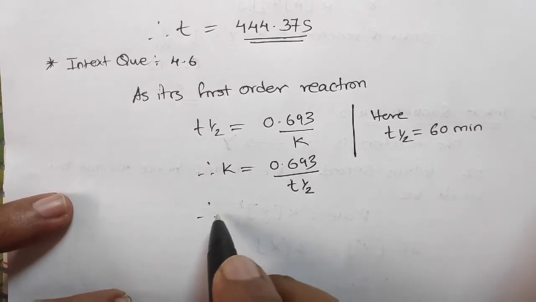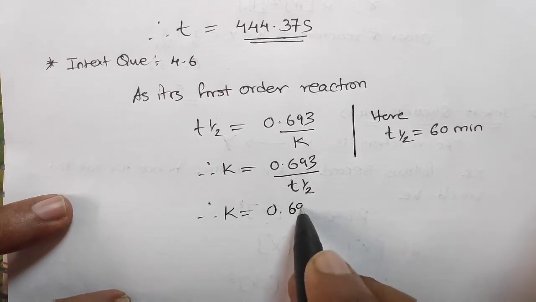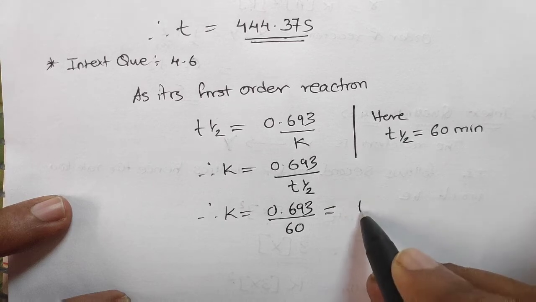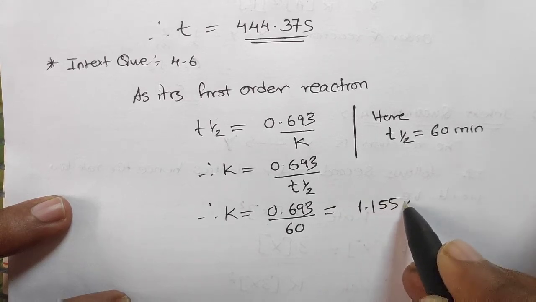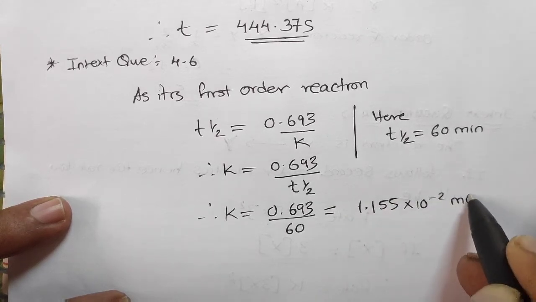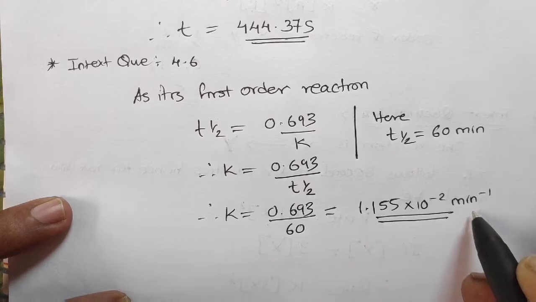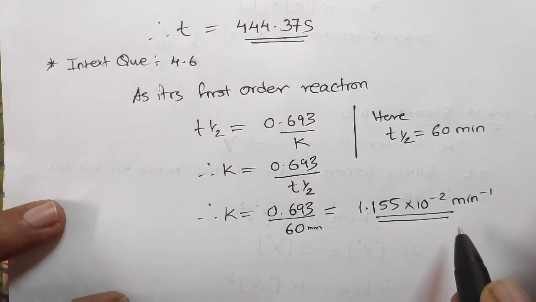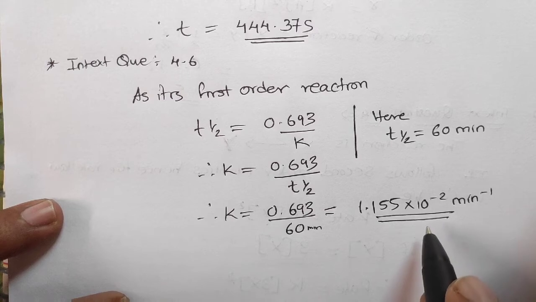So k will be equal to 0.693 by 60, which will be equal to 1.155 into 10 raised to minus 2 minute inverse, because minute is there. So this is the answer for k, the rate constant, that we got.